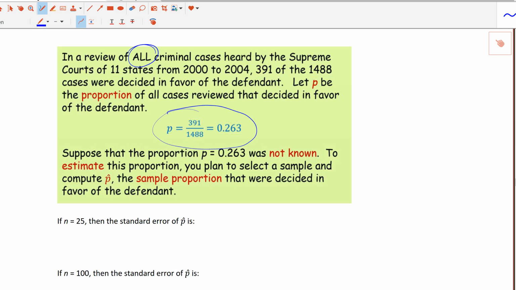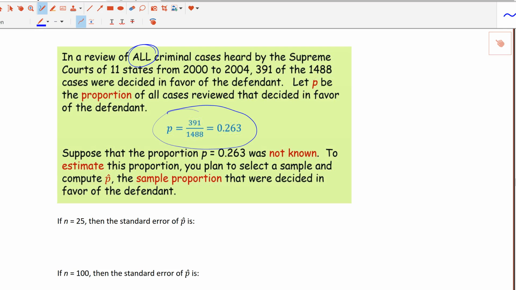But to learn about how these numbers all work together, we take things that we actually do know and look at what happens when we take different kinds of samples to learn what's going on. So suppose that you selected a sample and computed p hat, the sample proportion that were decided in favor of the defendant.